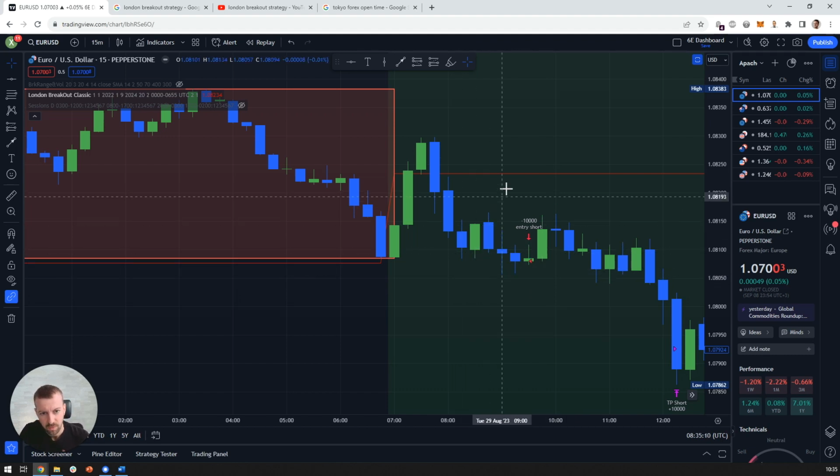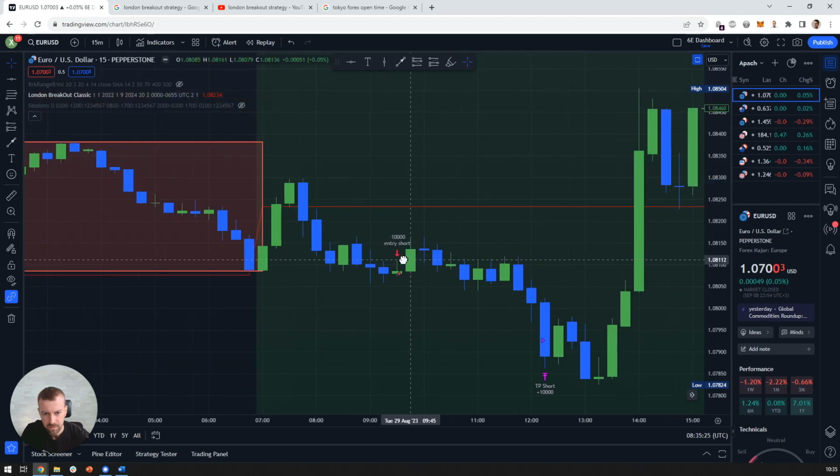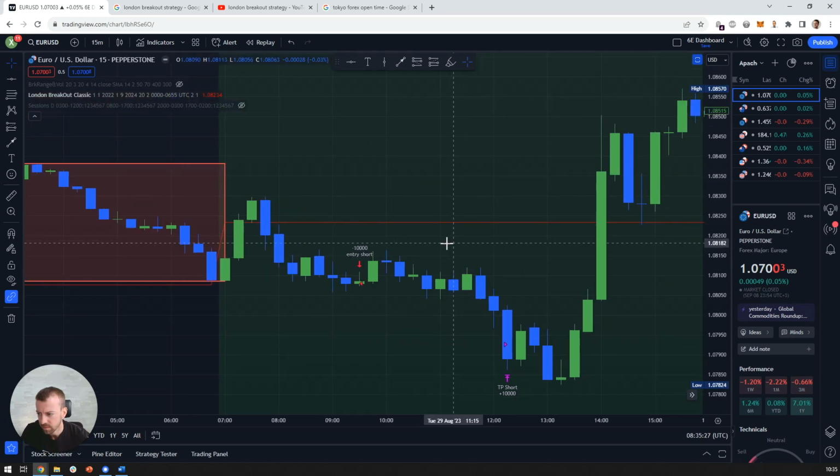Now let's talk about the red line. As you can see, the line is automatically placed in the middle of our previous range, and it works as our stop loss. So if we cross this line after entering a trade, we will just stop out.